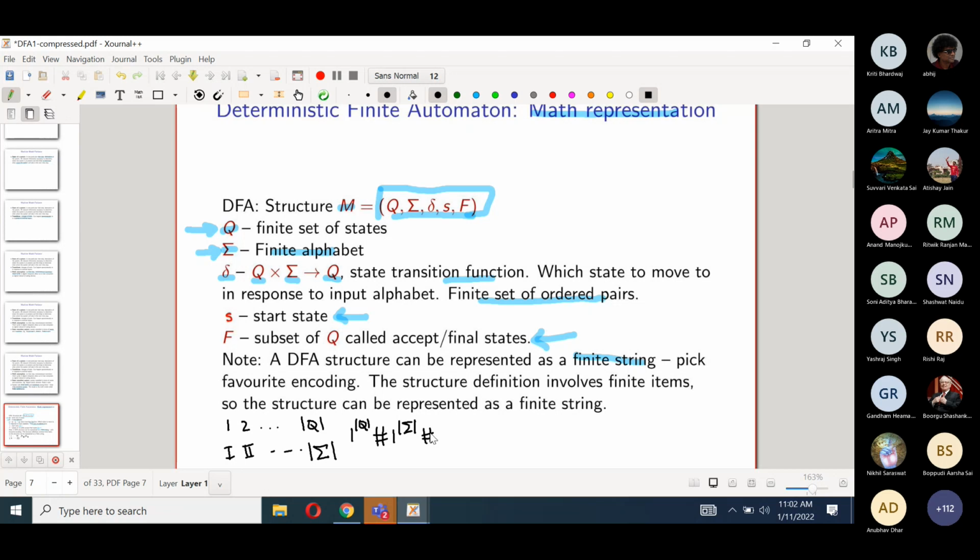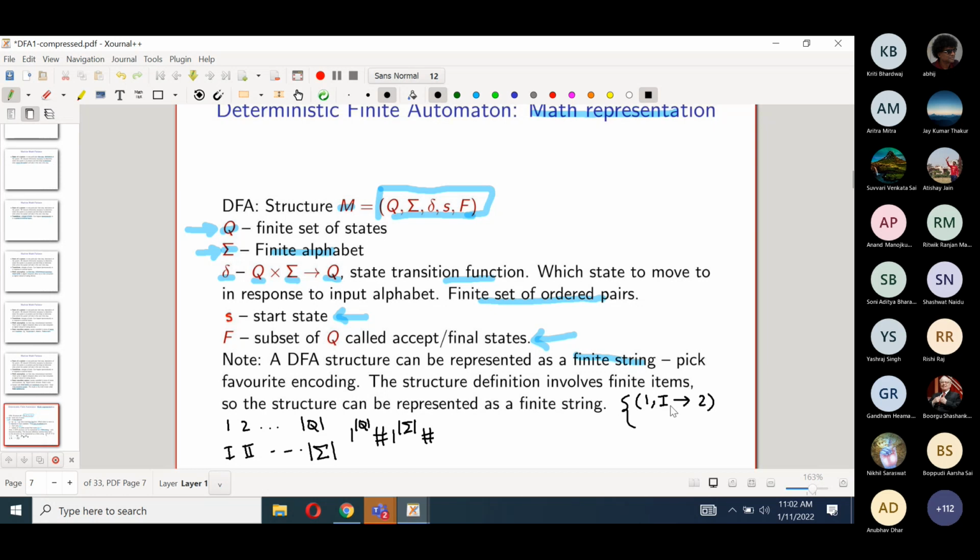And now this delta you can write as follows. You first have to denote which Q it is. So let's say delta currently is of the form: if it is at state 1 and it reads alphabet 1, I want to say that this goes to, let's say, state 2.